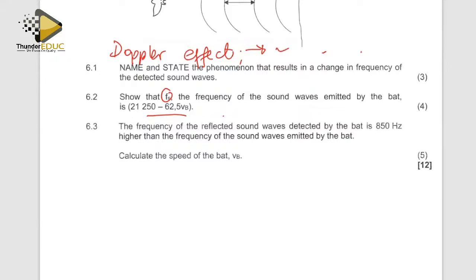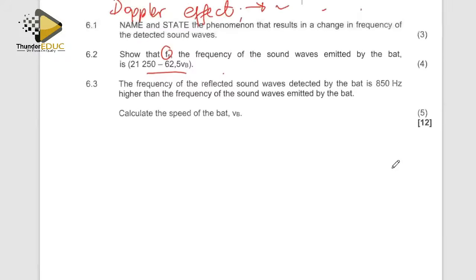So then I'll go back to the Doppler formula. Let me put it here and say that the frequency of the listener should be equivalent to v plus the velocity of the listener over v minus the velocity of the source, multiplied by the frequency of the source.